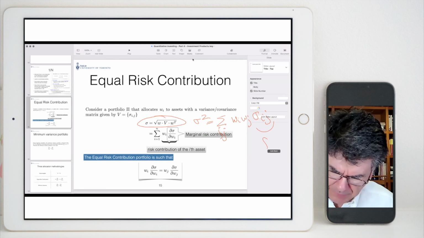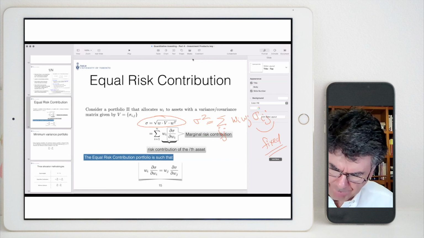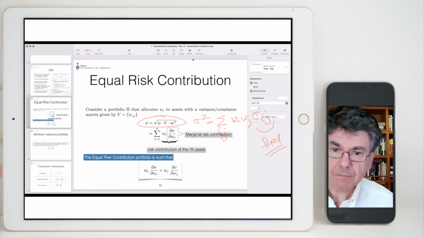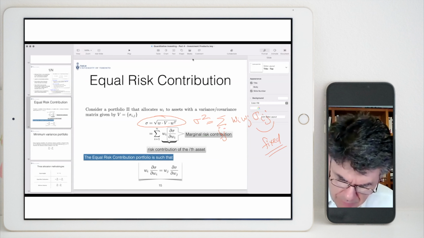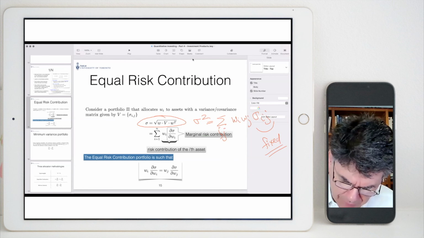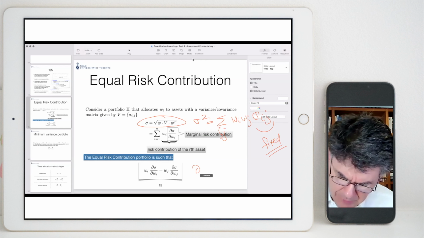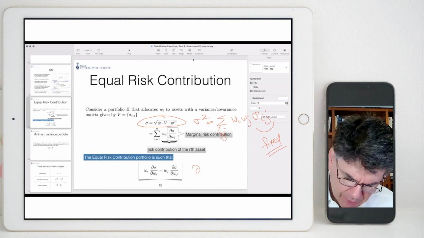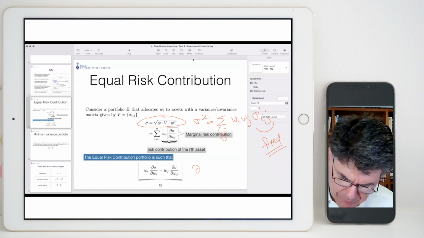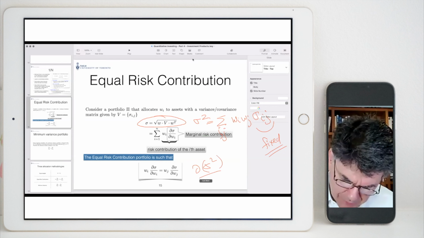These are fixed. Okay. So if you want to calculate the derivative of, say, let's do the derivative of sigma squared with respect to Wk.